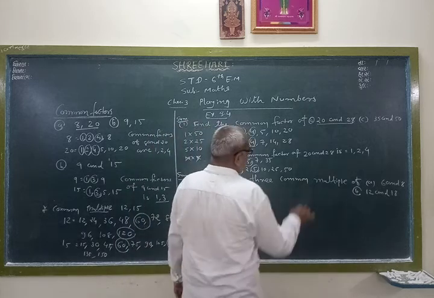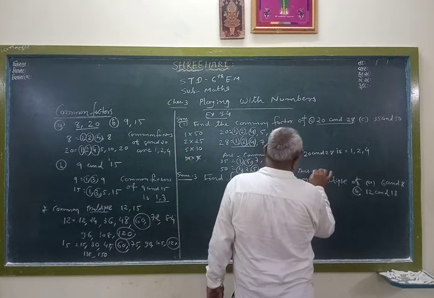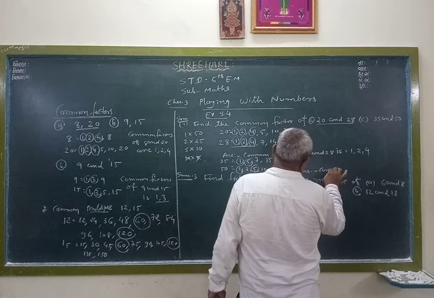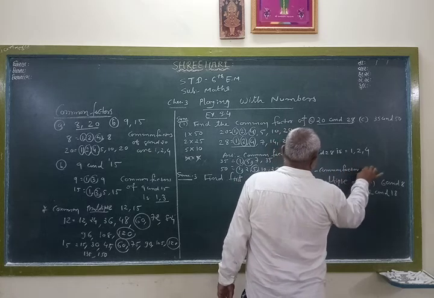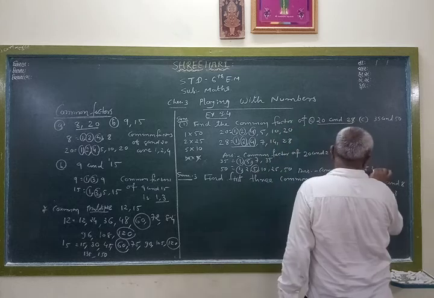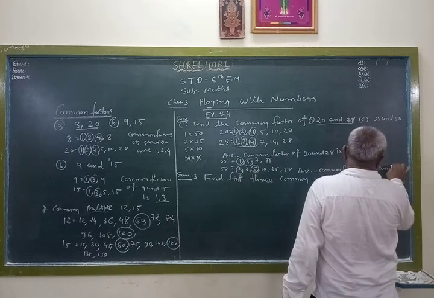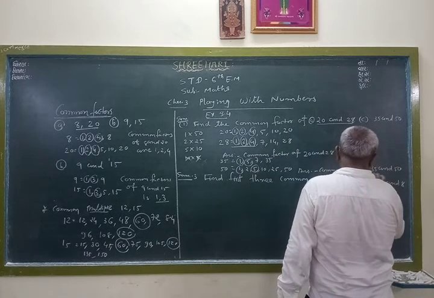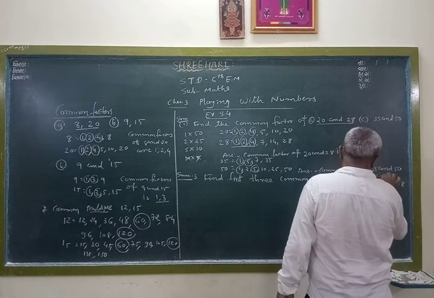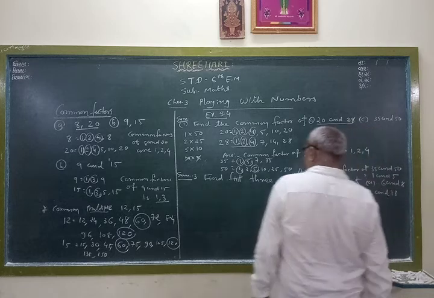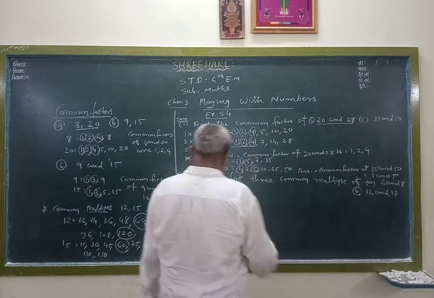So the answer: the common factors of 35 and 50 are 1 and 5. Like this.